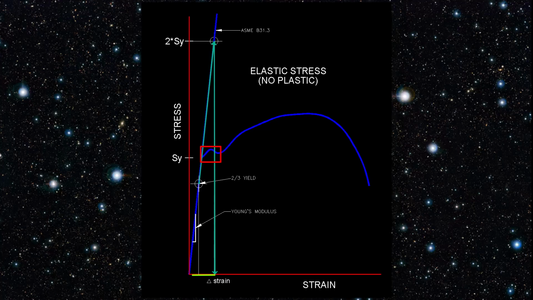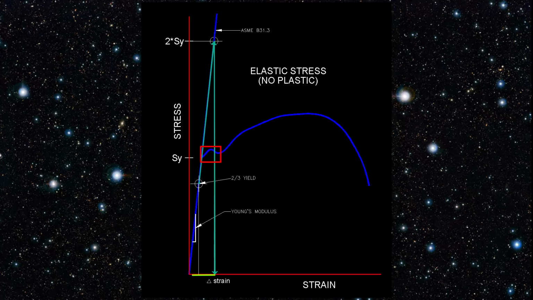The primary characteristic of the secondary stress is that it will go only so far and stop. Temperatures will reach equilibrium and the stress state will stop increasing. In this case, it must be below 2 times yield stress.